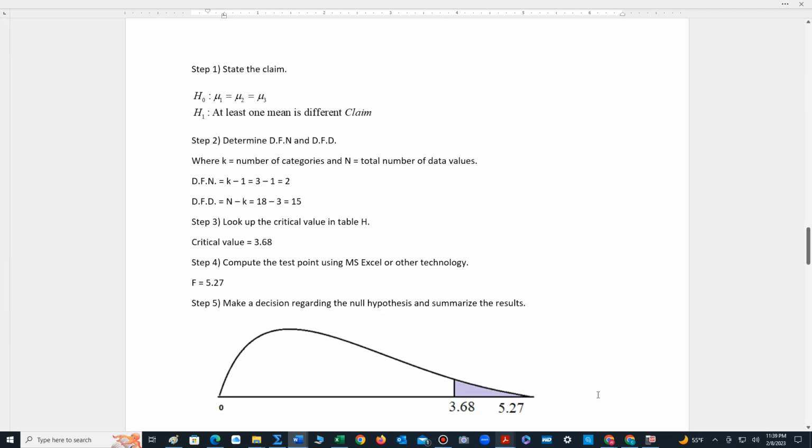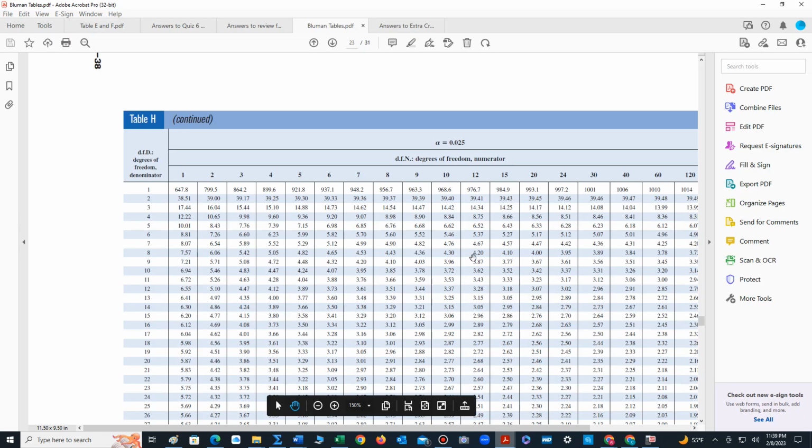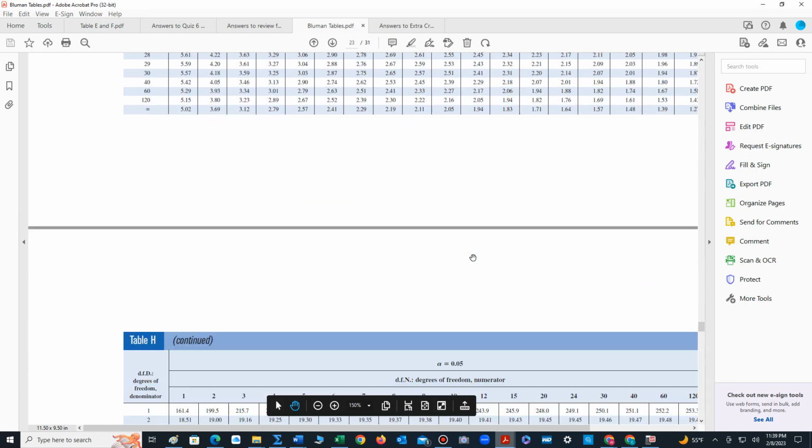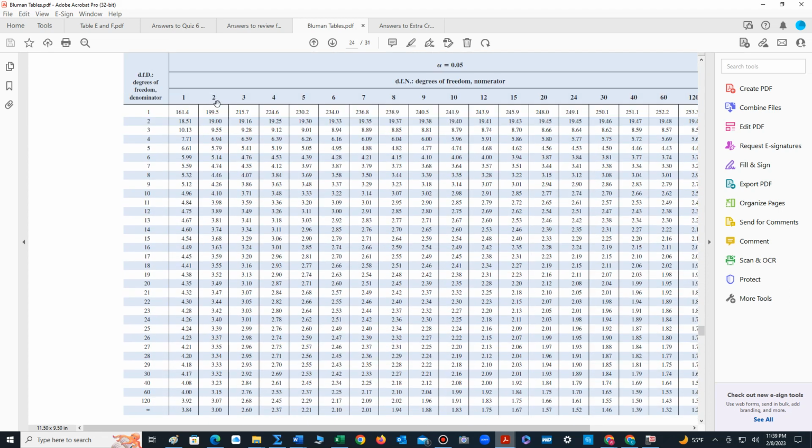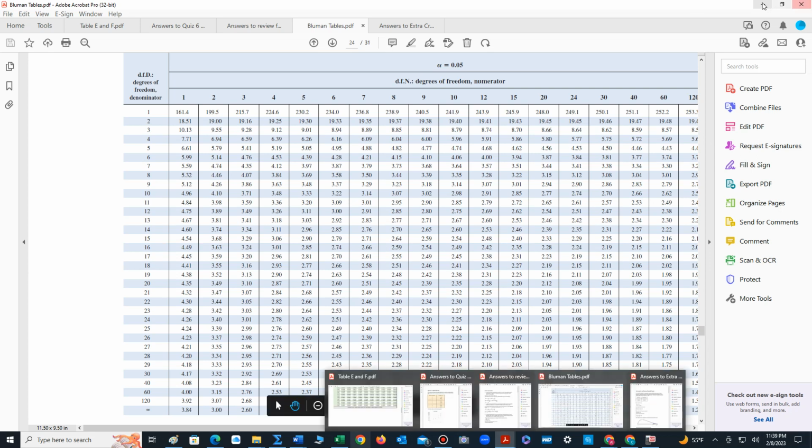So we turn to table H. We have to go to 0.05. Degrees of freedom of the numerator is 2. Degrees of freedom of the denominator is 15. We find that the critical value is 3.68.